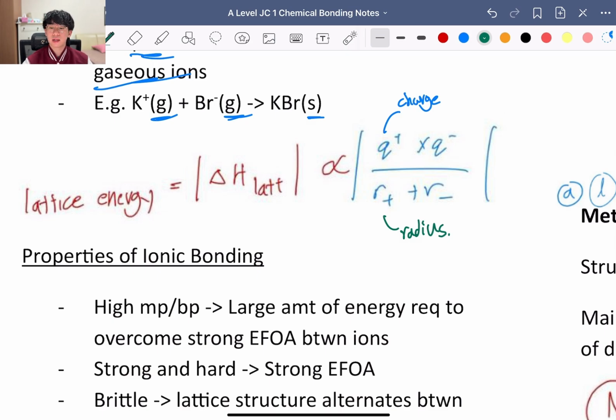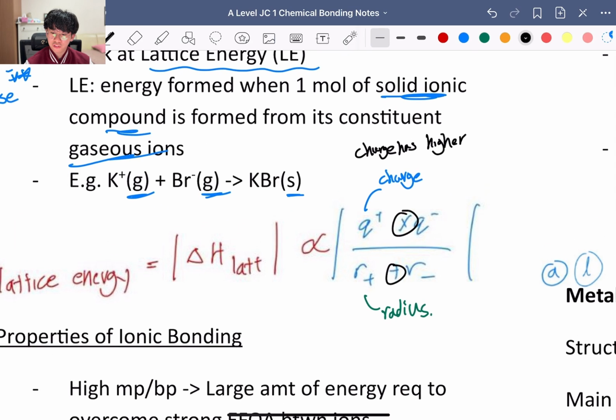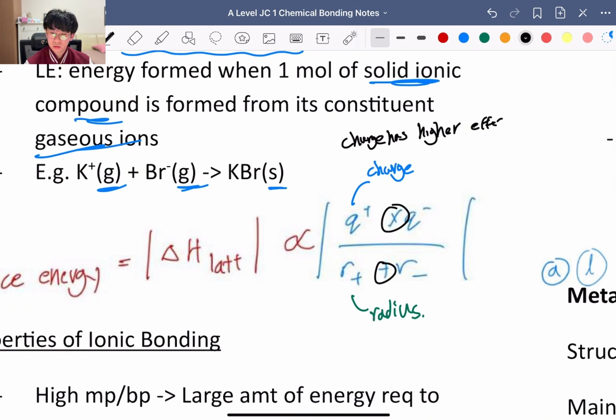Also realize that this is a multiplying function over a plus function at the bottom, which means that your charge actually has a higher effect than radius for lattice energy, right?